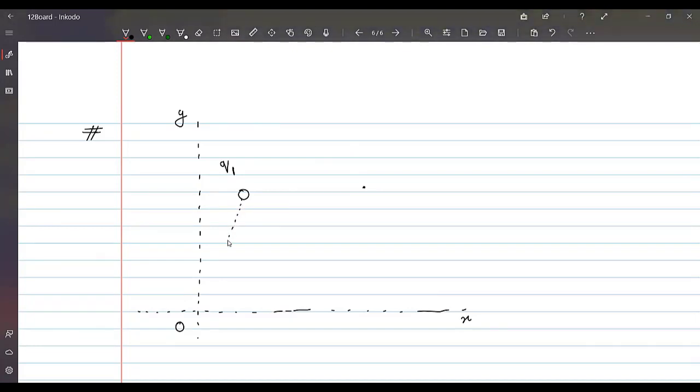Let us say this is at position R1, and the point where you want to find the electric field is the R2 vector. This is the point P where you want to find the electric field. And this is the position vector of the charge, where your charge is located.